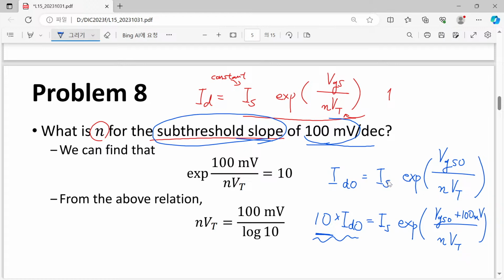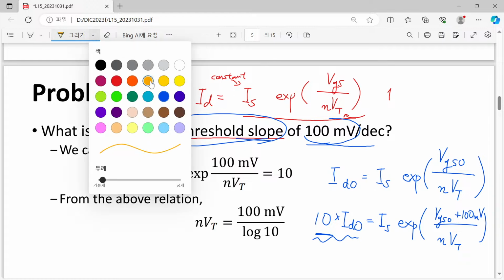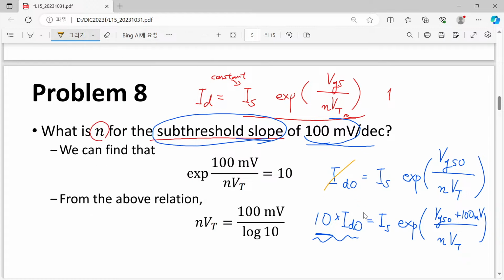Now we can eliminate these common factors. For example, this one, this one, this one, and this one. And also we have the same exponential factors. The remaining thing is that 10 is given by exponential of our 100 millivolt additional voltage divided by this voltage scale.